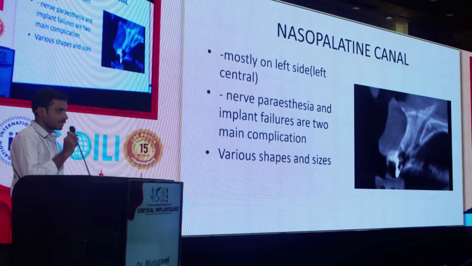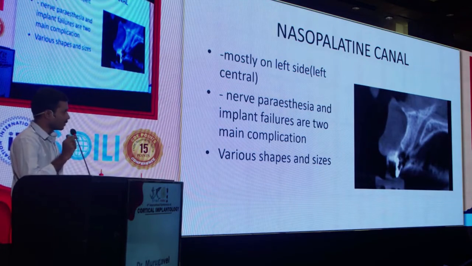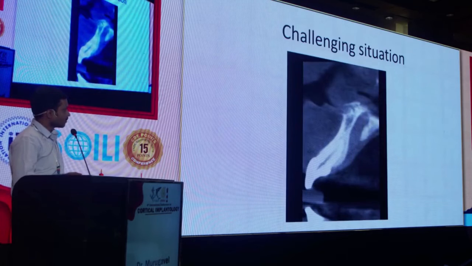Though it is a midline structure, mostly it is closer to the left central incisor, so whenever we place an implant in the left central incisor, we have to be very careful. The two possible complications are nerve paresthesia and failure to osseointegrate. The shape and size vary, and this is one challenging situation where the nasopalatal canal is very wide and huge, and placing an implant here may be quite challenging.